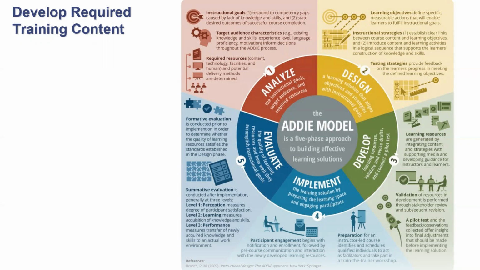Maybe you're just going to find out, how are you going to determine who's enrolled, how much time do they have to take the course, how are they going to pass or fail, how are you going to collect their feedback at the end, which is really important. So where are they going to do the training? How are you going to engage your participants? And at the end of this phase, you should have your courses live and learners can start to take the complete courses you're actually implementing.